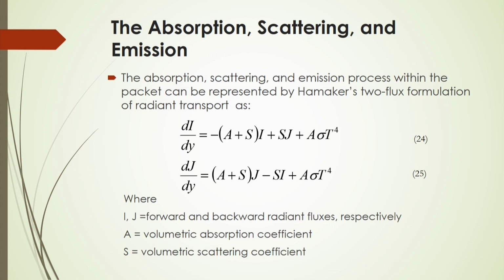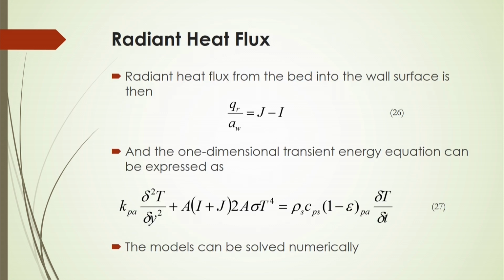These forward and backward radiant fluxes are denoted by I and J, whereas in these equations A and S are the volumetric absorption coefficient and volumetric scattering coefficient respectively. The radiant heat flux from the bed into the wall surface is then calculated by equation 26, once you know these forward and backward radiant fluxes.